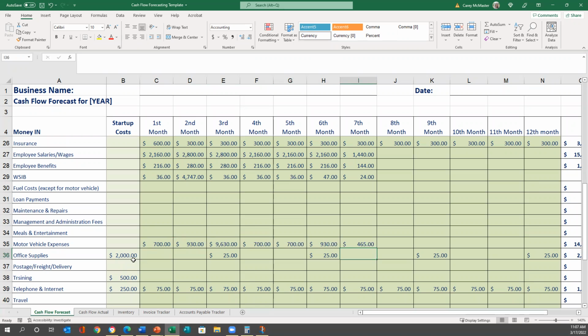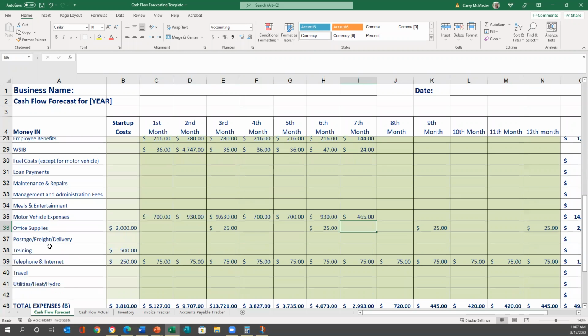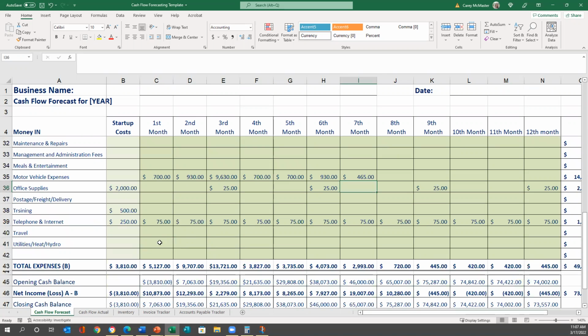Okay, and the last area that we know of for this business: because certain items need to be washed on a regular basis, and because of the type of washing machine and dryer, we anticipate our hydro bill is going to go up every month by $75.